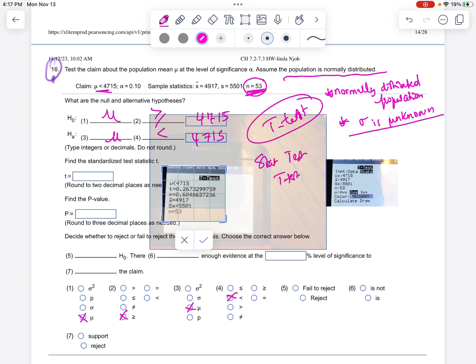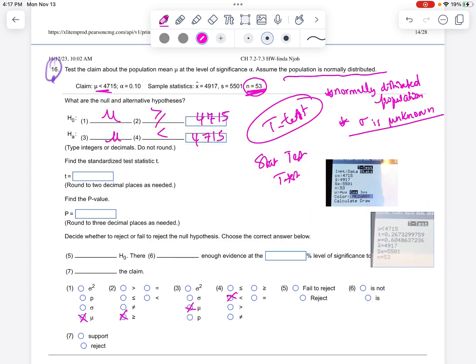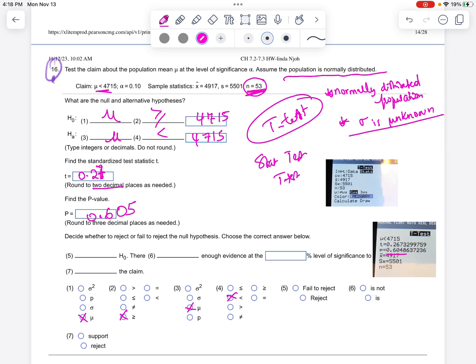So there goes the result for the t-test. Now, t-statistic, rounded to two decimal places, 0.27. P-value is 0.605.